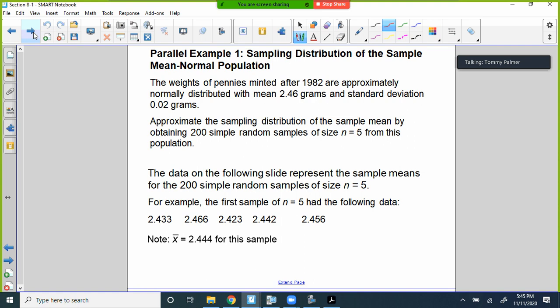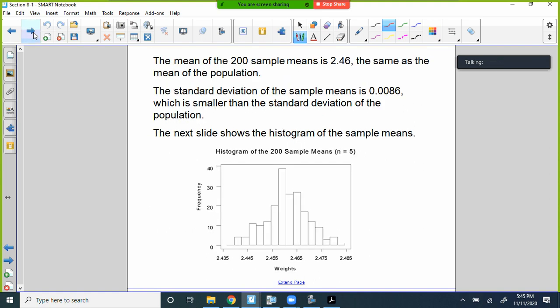But what I want to show and really make a reference to would be, yeah, there we go. So here's the histogram of it, right? The standard deviation of sample mean is 0.0086, and we're going to calculate that, right?